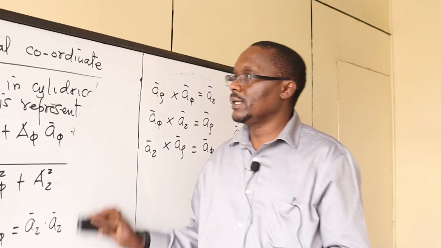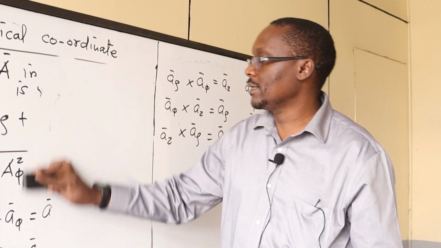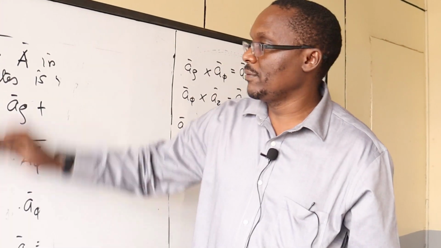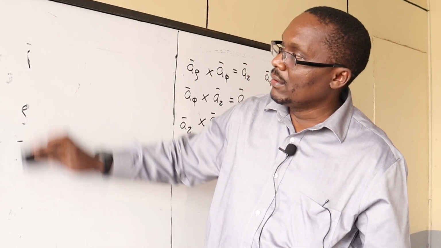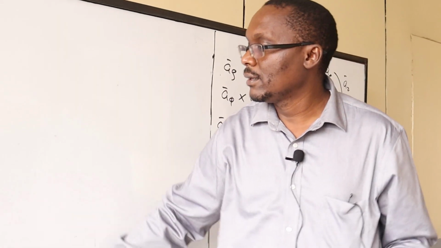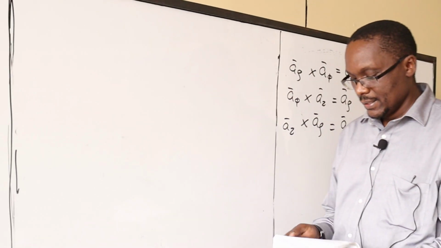Now, how do we relate cylindrical coordinate system with Cartesian coordinate system? From the figure that we are about to draw, we can easily see how cylindrical and Cartesian coordinate systems are related.